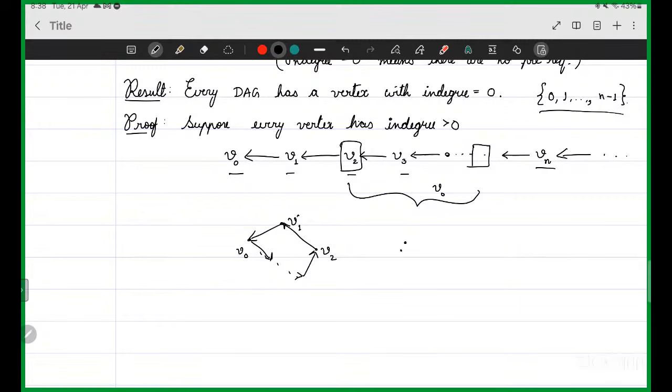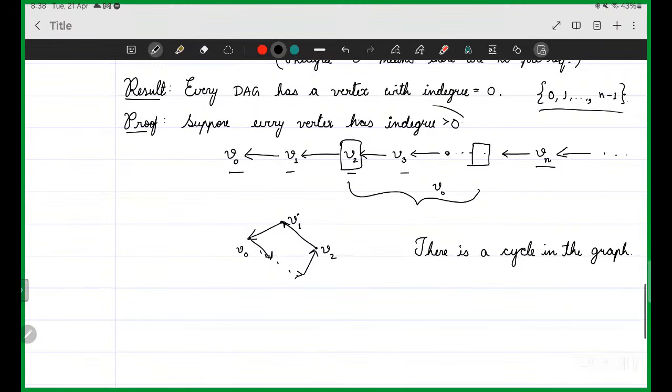So the upshot is there is a cycle in the graph. But can that happen? Can there be a cycle in the graph? In a DAG, that's not possible because we have started out with a DAG.